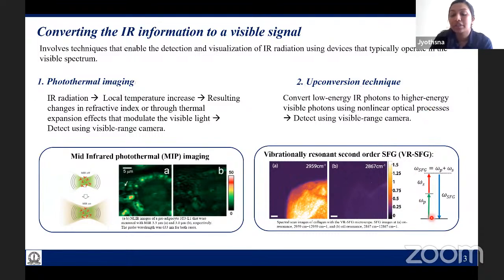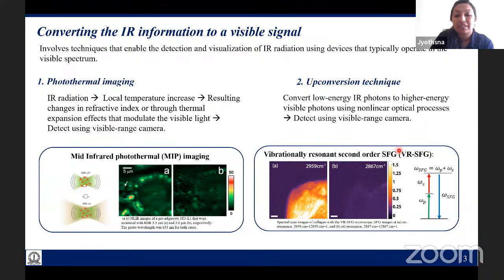I'll go into detail on nonlinear optical processes in the coming slides. Here we have a long wavelength IR signal, which is sensitive to the sample and needs to be up-converted, and we use an additional probe of shorter wavelength, which in the nonlinear media results in the generation of a new photon at a much shorter wavelength, resulting in detection in the visible region, and this can be easily detected using a visible camera.